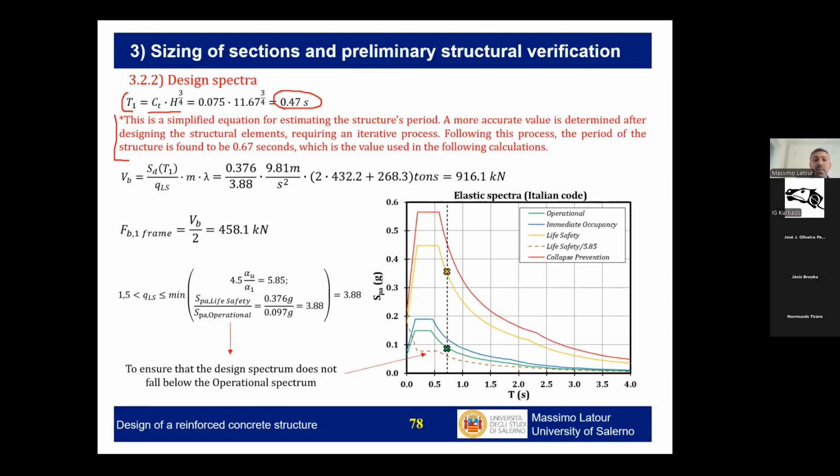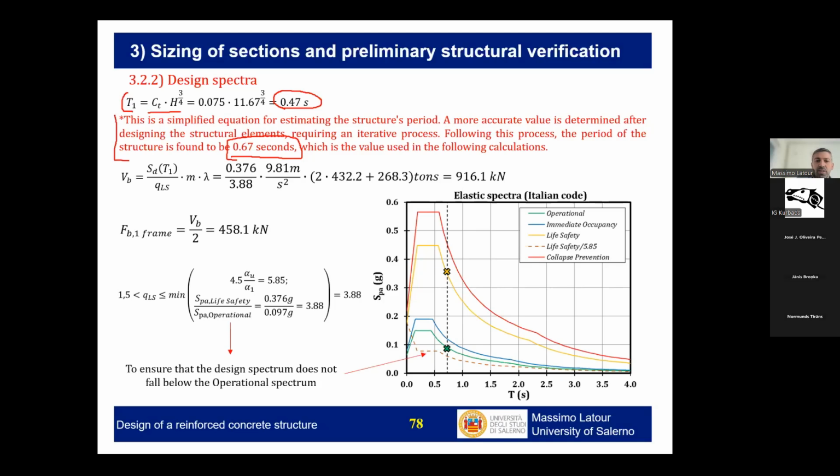So expect that this formula gives an estimate of the period which is a first guess. But when we perform more advanced analysis, we will have to update this period. So it will be trial and error. As we will see, the structure in the final solution will have a period of about 0.7 seconds, not 0.5.